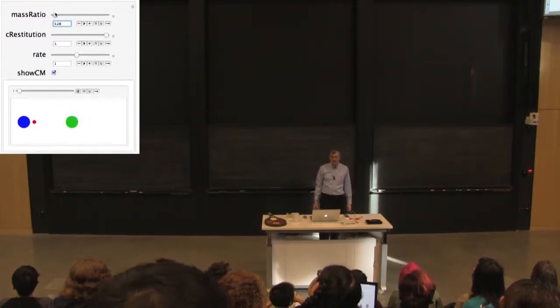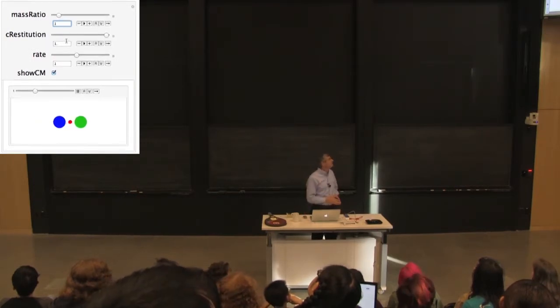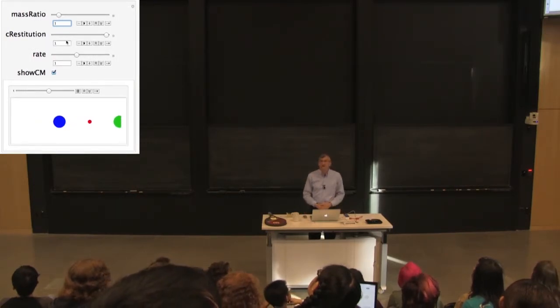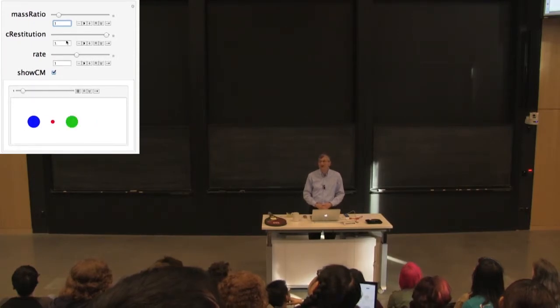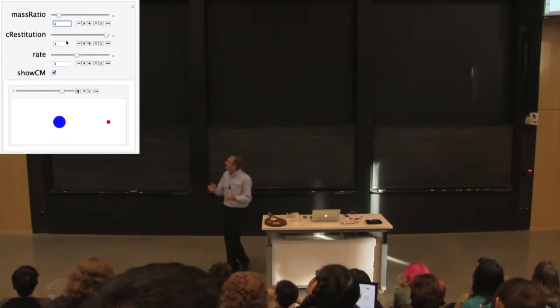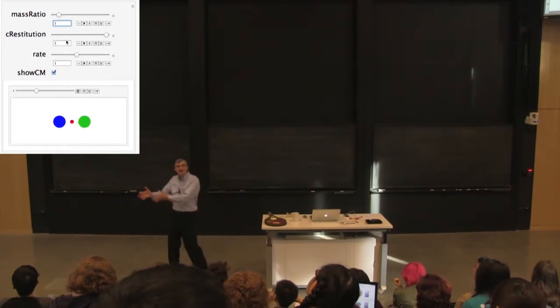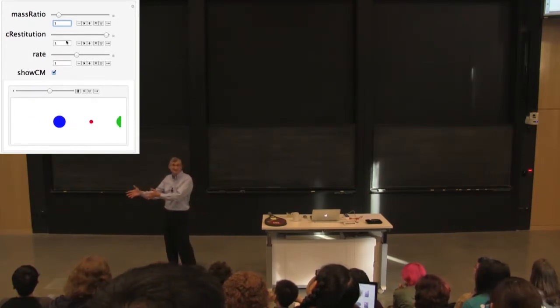So what happens to the relative speed of the two balls? Does it stay constant? Is it the same before and after the collision? What happens is the blue one is moving in, collides with the green one, blue comes to rest, the green one was at rest, the green one now moves off at the same speed.